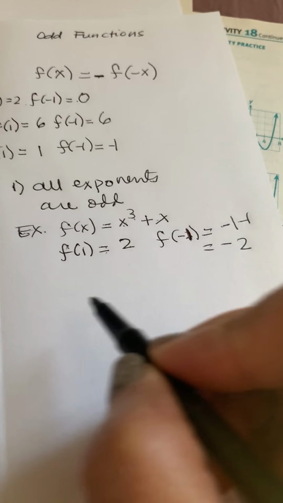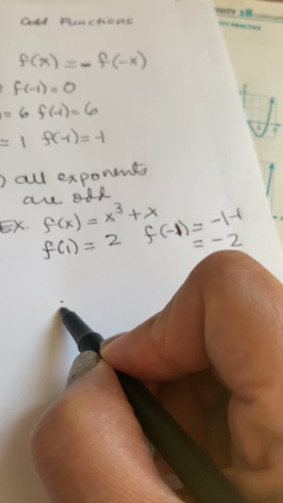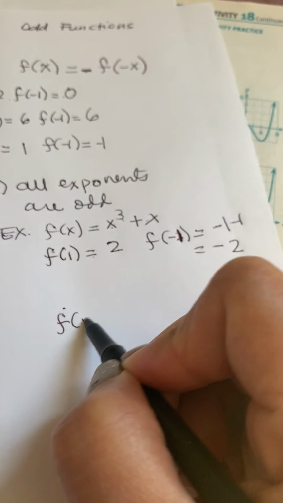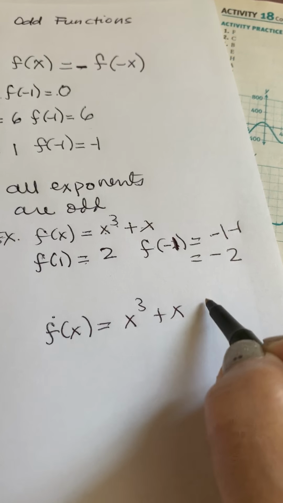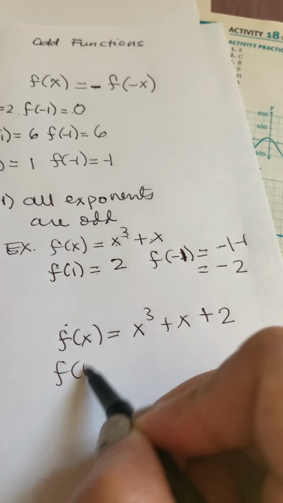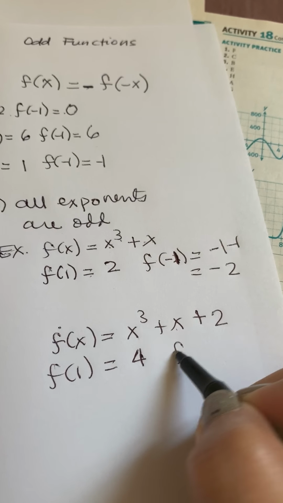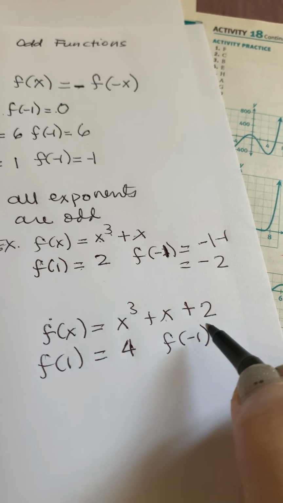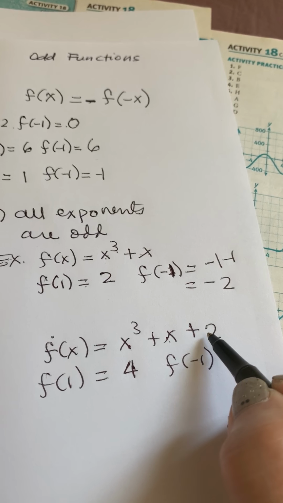What about if we add another term, a number here, let's say plus 2? So f of 1 will be 1 plus 2, which is 4. And f of negative 1 will be negative 1 plus 2.